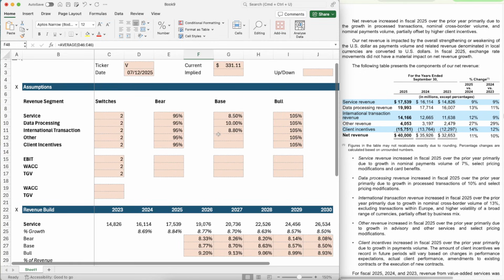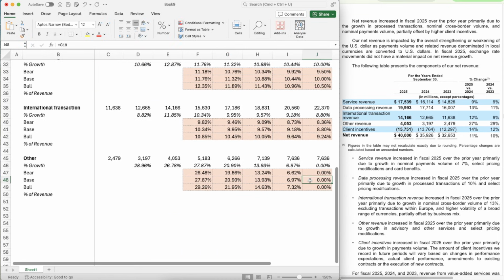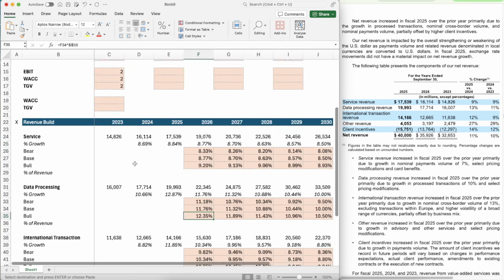Let's say this goes to about 23.5. Fix all of these. You just want to make sure they correspond to the correct cell. Okay. Yeah, that looks good.